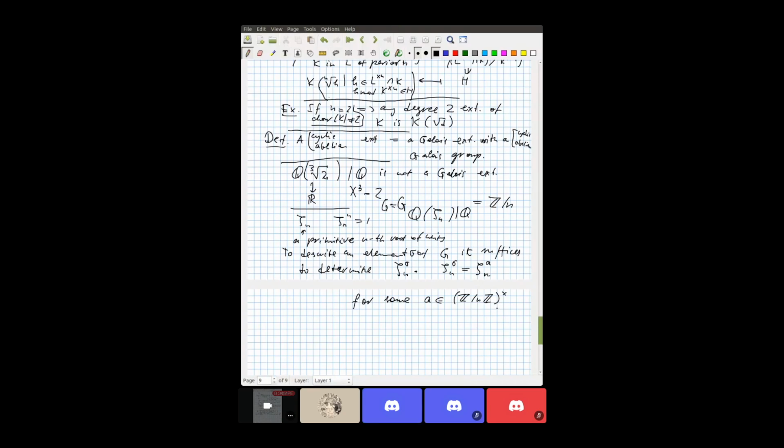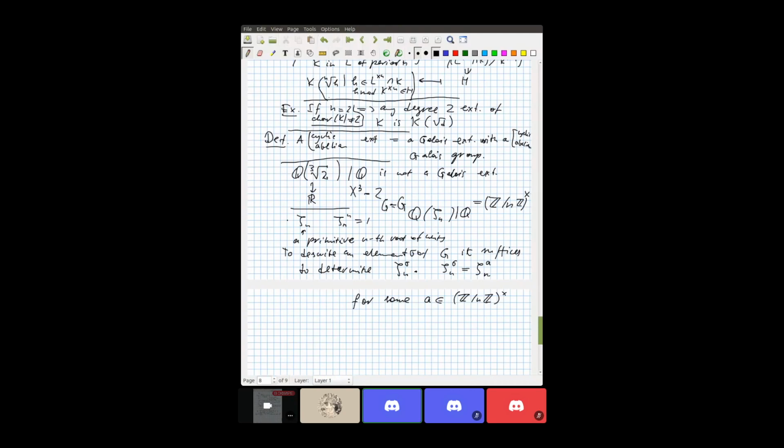When you know the image of one primitive root of unity, you know all the others. So this group is the multiplicative group of invertible residues modulo n.